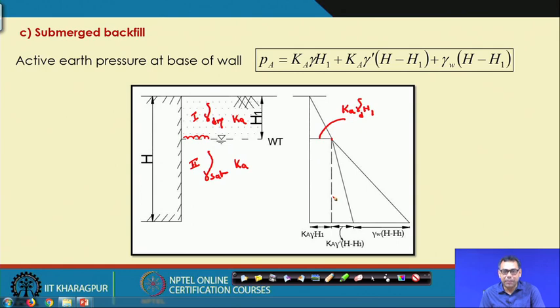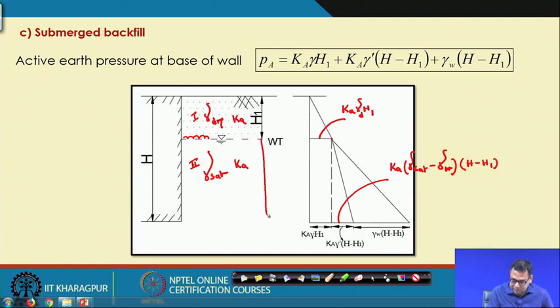Then there is the additional earth pressure for the soil below the water table. This value will be K A into gamma sat minus gamma W, because this is below the water table, into the height h minus h 1.